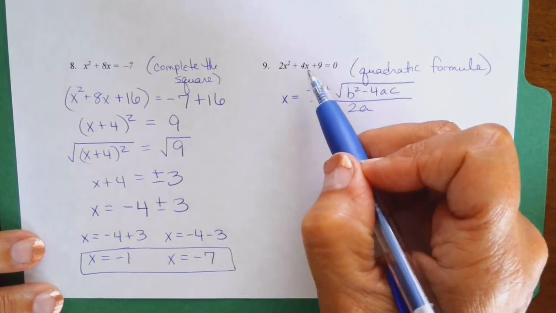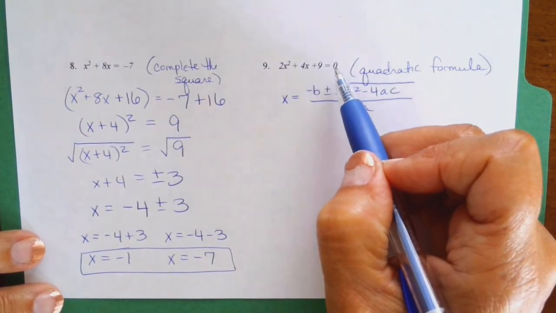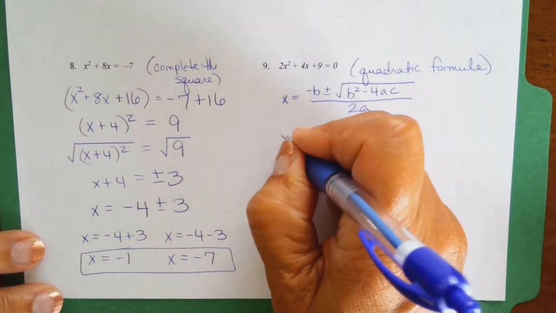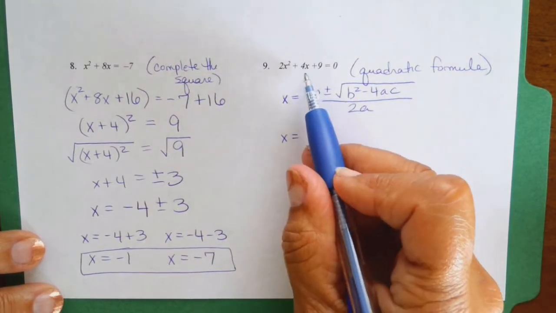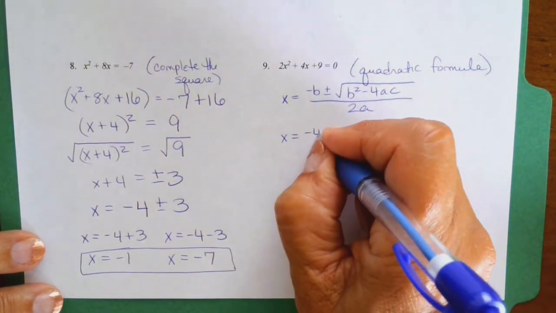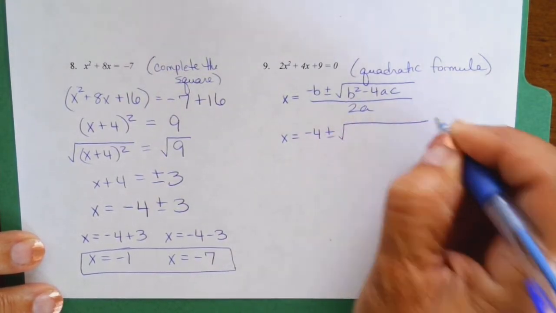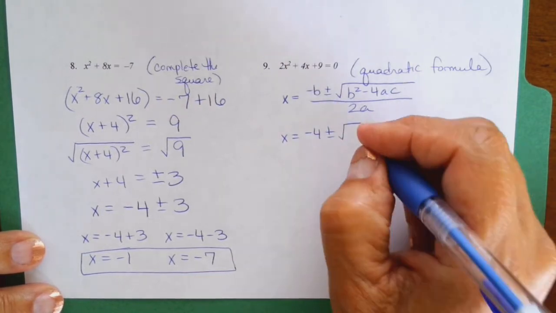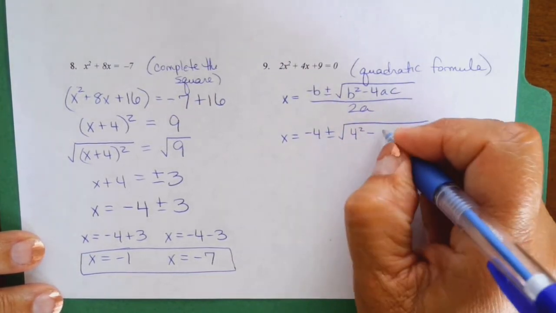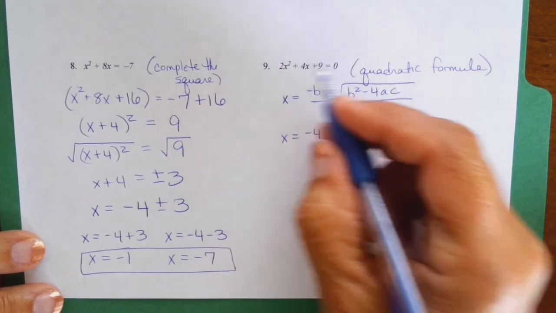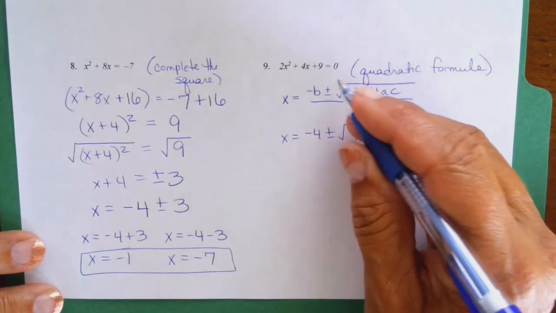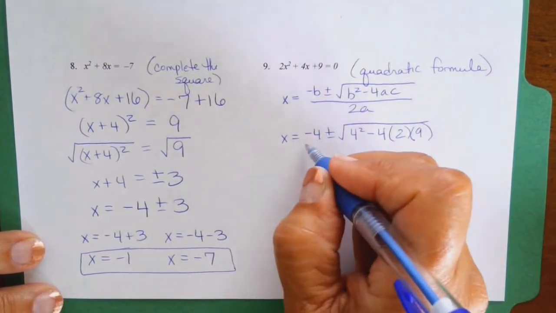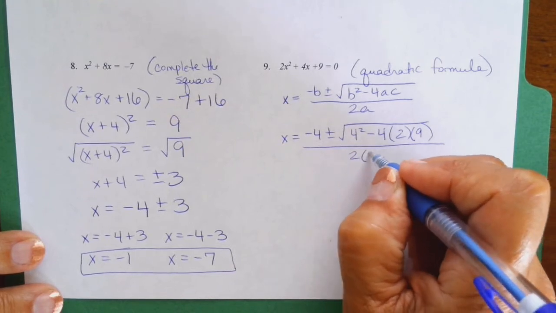So here's a, here's b, here's c. It's already equal to 0, so we're good to go. So negative b means the opposite of b, so that's negative 4, plus or minus b squared, so that would be 4 squared, minus 4 times a, which is 2, times c, which is 9, all over 2 times a, which is 2.